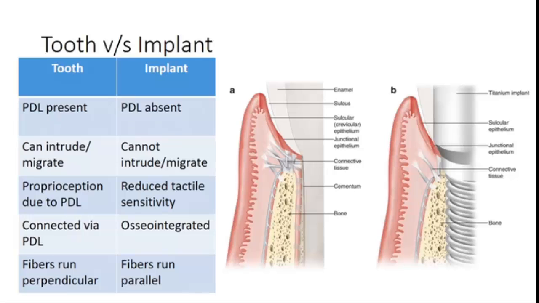That is one of the main reasons that you cannot fix an implant and a natural tooth where you're going to make a bridge, because one will be moving and one is fixed. This is one thing you should always remember.